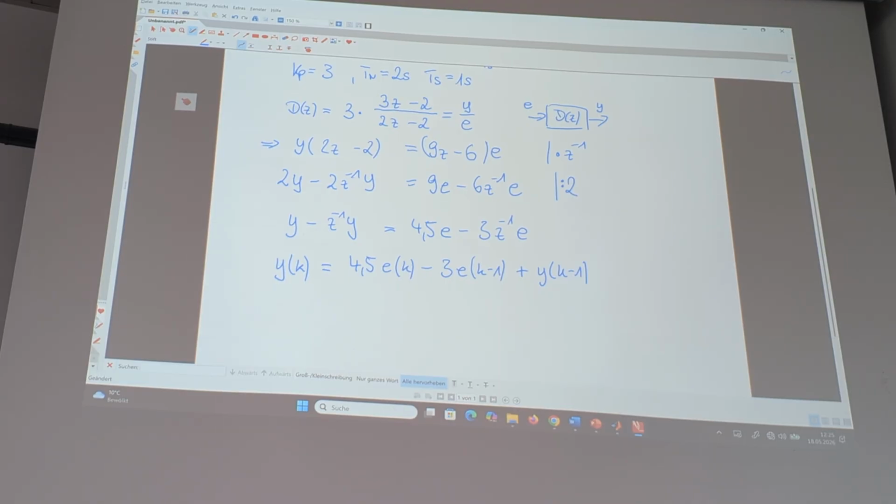Because on the left side it's with a minus, so it goes to the right with a plus. So this is the final equation that you have to program in your software.